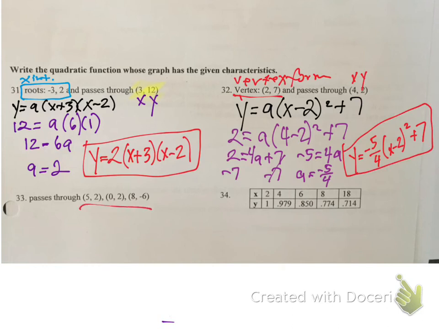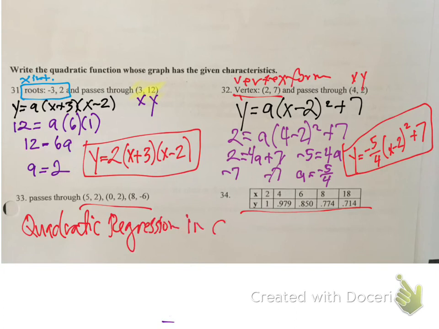For 33 and 34, that's when you're going to use quadratic regression in the calculator. Remember that you would have all of your x's in list 1, all of your y's in list 2.